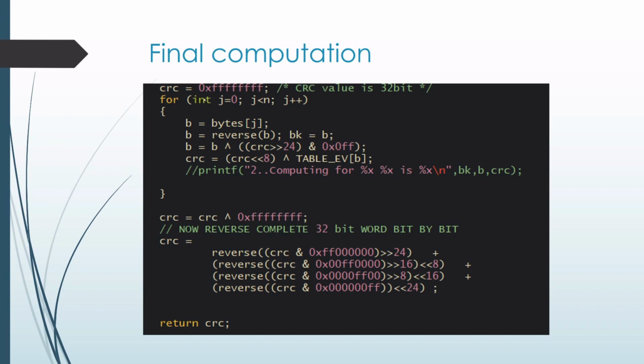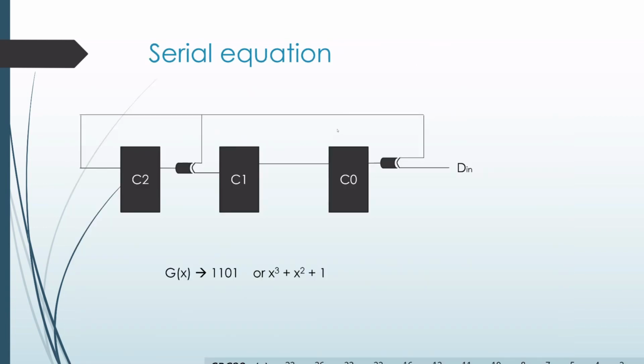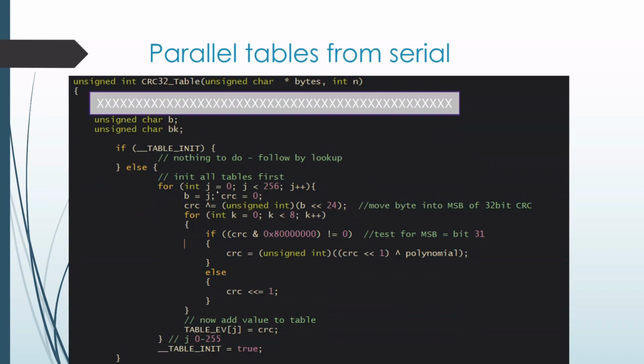One of the things is that the starting value of CRC is FF, so that's 32 bits of ones. But remember, let's go back to that very simple equation. If you feed your data and these were all ones, by the time this data gets to C2, these would have already been XORed multiple times with other bits and would have changed the state.